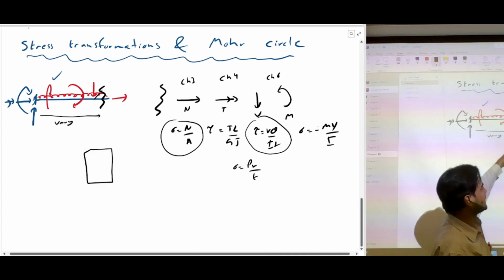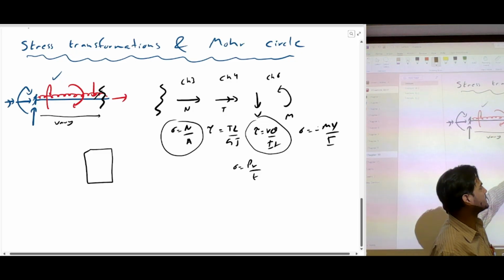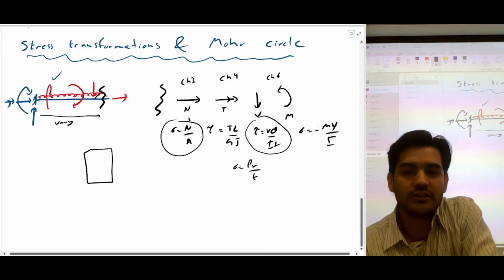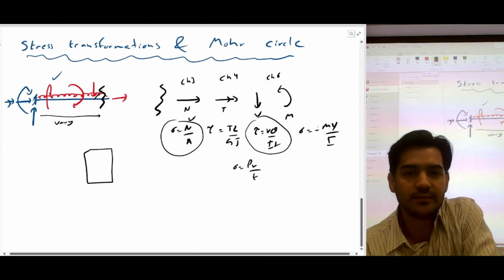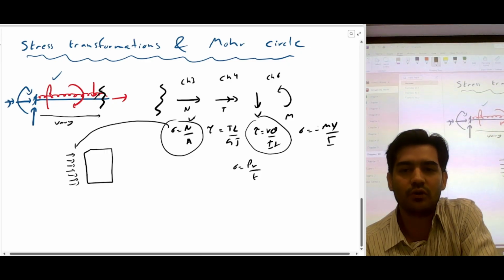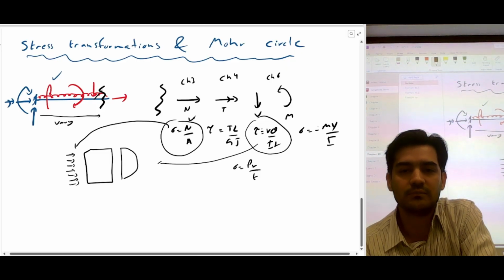The shear stresses are maximum at the neutral axis, and zero at the top and bottom. So if you want to draw the distribution of these normal stresses, it's like uniformly distributed in the case of this stress, right? But if you want to talk about the shear stress, the distribution is something like this, right?